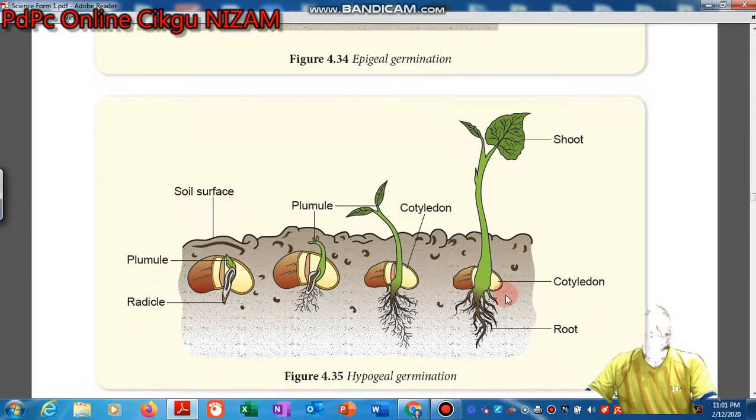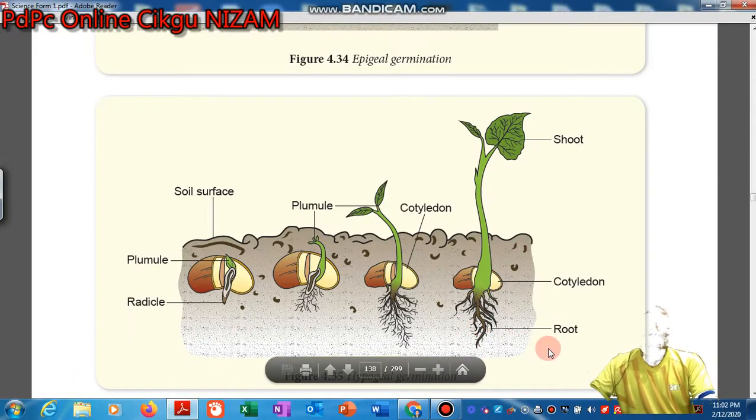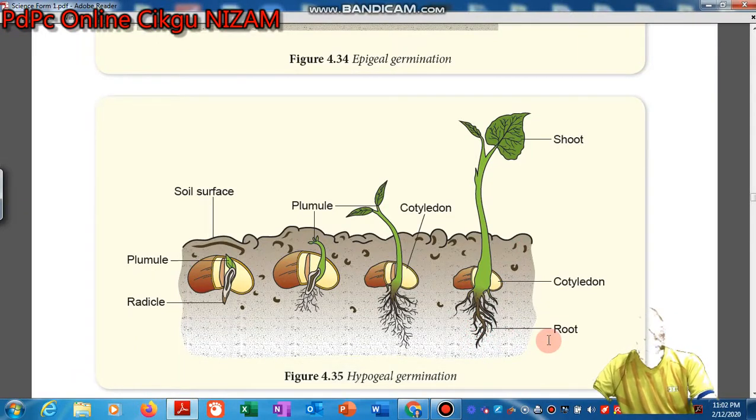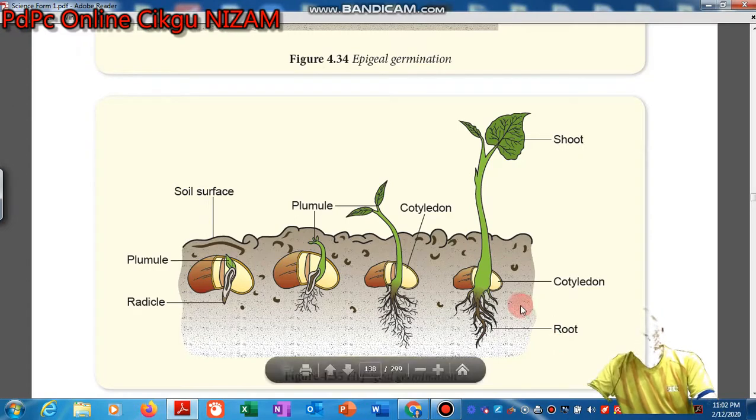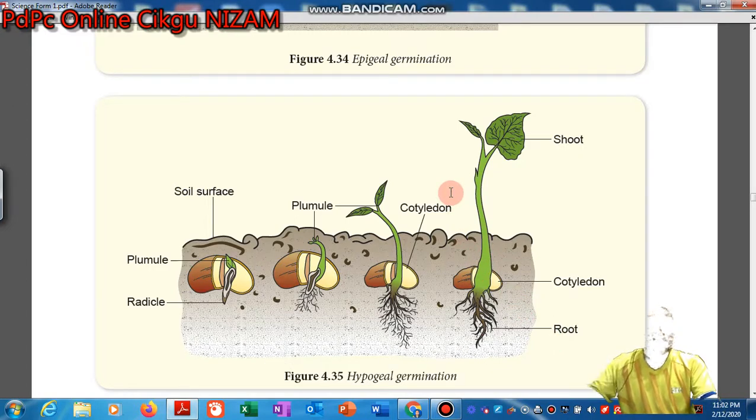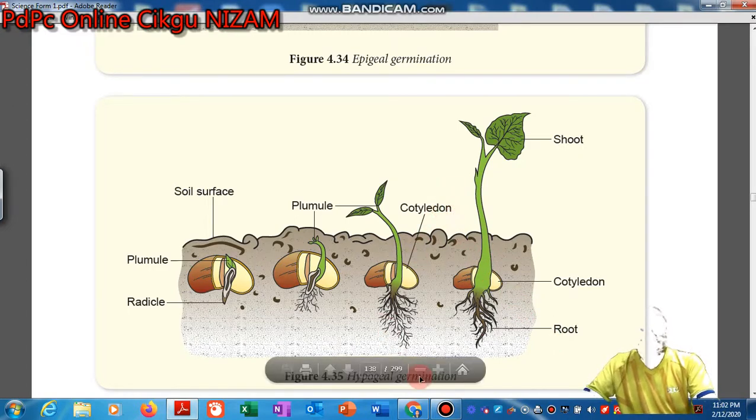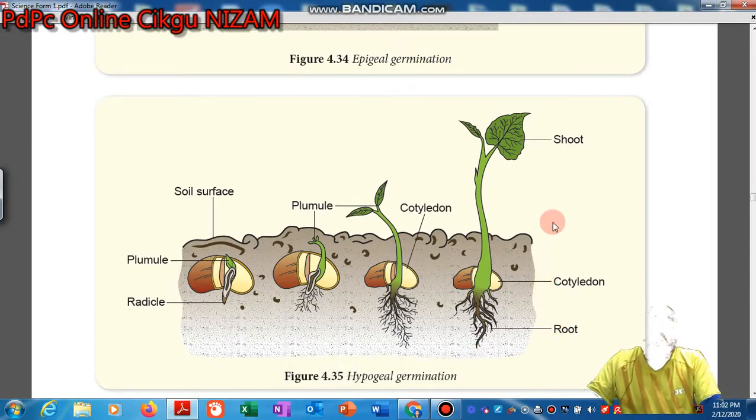This is how the process of seed germination works. It can be divided into epigeal germination and hypogeal germination. That is the important thing in this explanation about how a seed germinates to produce a plant.